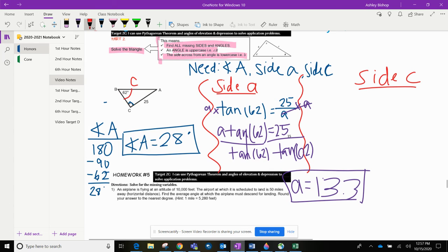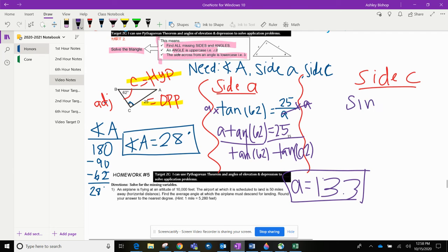I could mark this angle, have my three sides, my opposite, my hypotenuse, and my adjacent again. And now I have my C for my hypotenuse, and I know that my opposite side is 25. So I can set up a similar problem, except now I have my opposite and my hypotenuse.